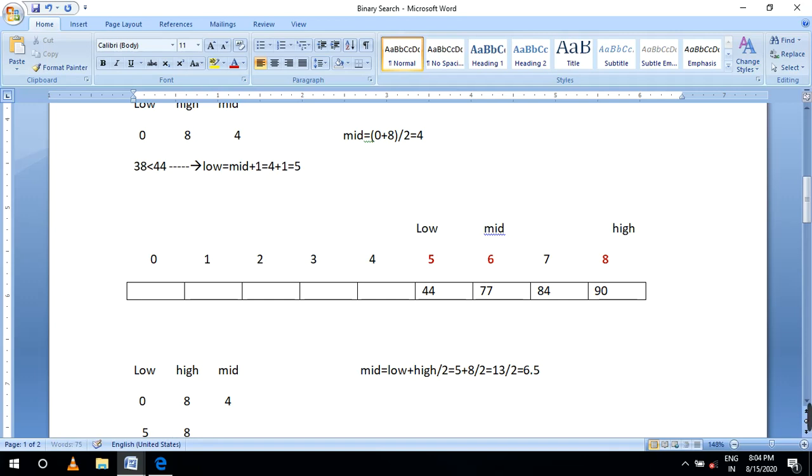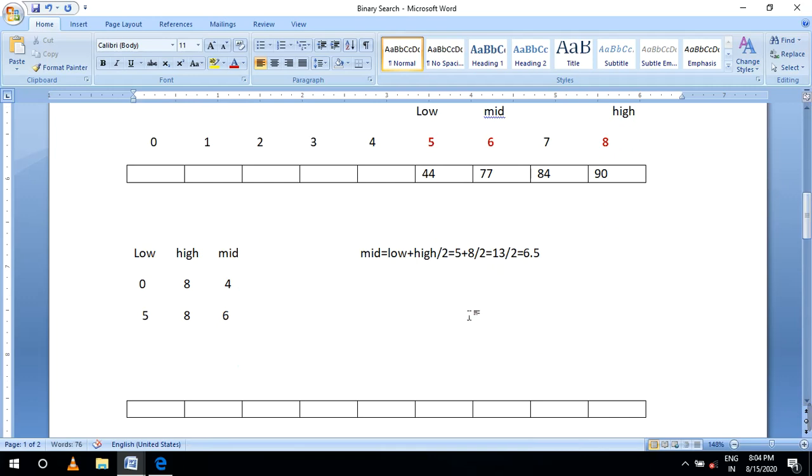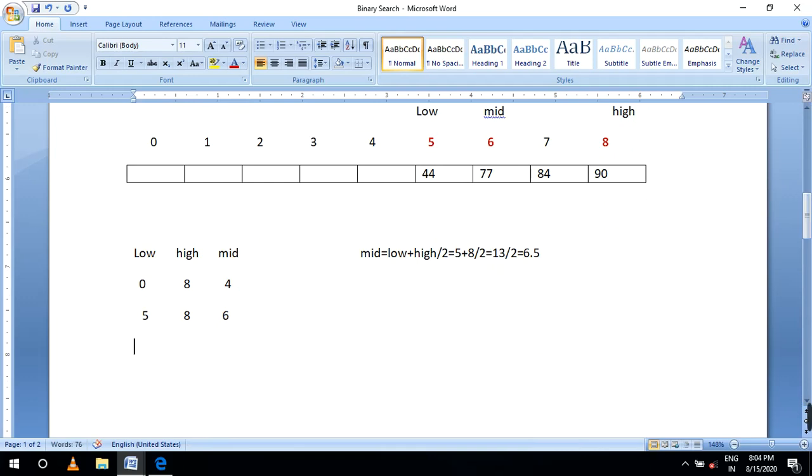Next, the middle value is 6. So now I am searching for the element 44, which is less than 77. Now which value do you give for high?